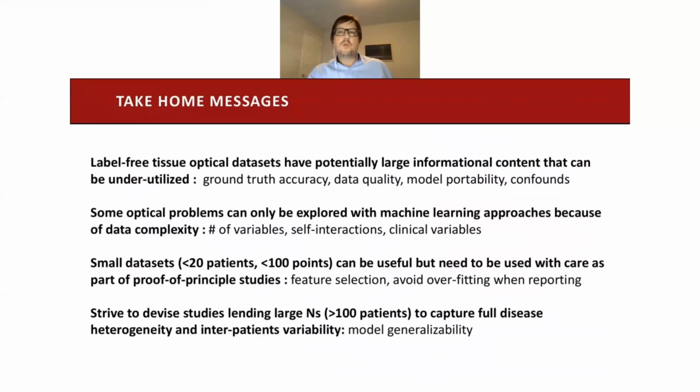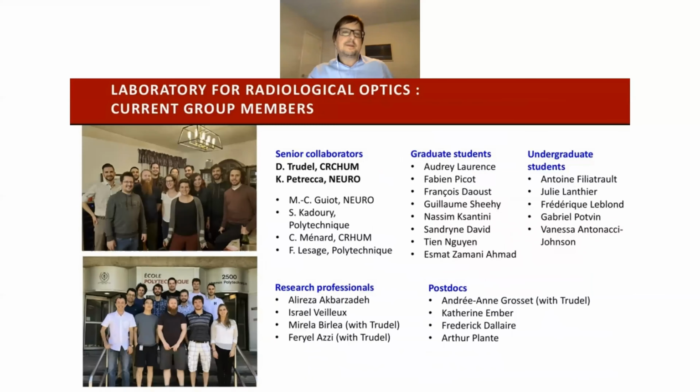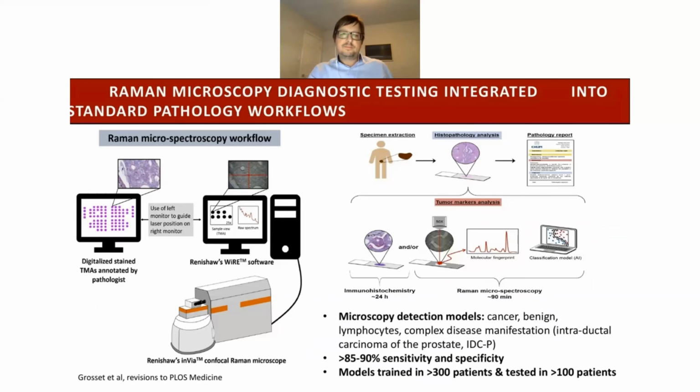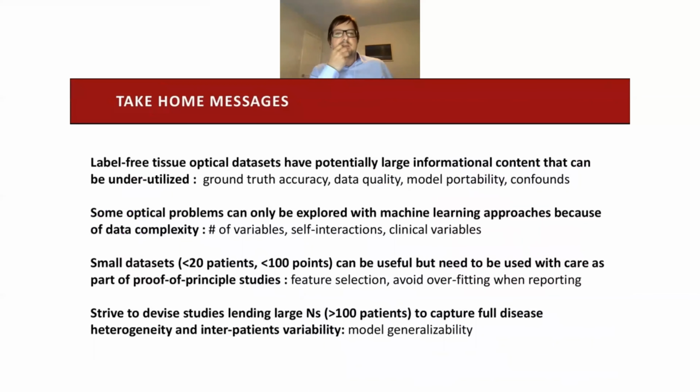So to conclude, I would say a few take-home messages. Label-free optics has potentially large informational content, but can be underutilized if you're not careful about ground truth accuracy, data quality, model portability, confounds.